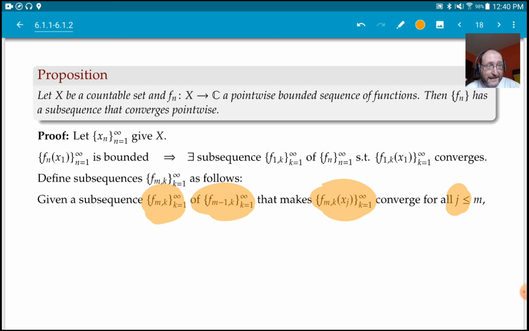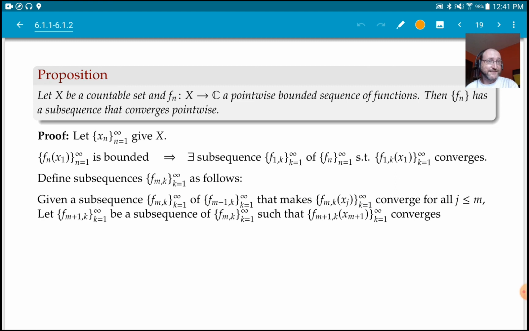Suppose that we have this defined up to m. We want to define the new subsequence, the (m plus 1)th subsequence. We basically do the same thing that we did for the first one: the (m plus 1)th is going to be a subsequence of the mth subsequence such that it converges at x sub m plus 1.